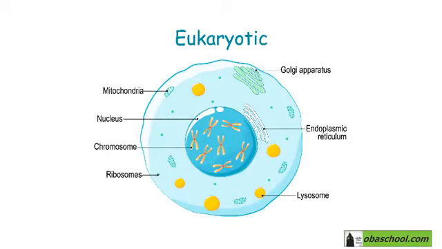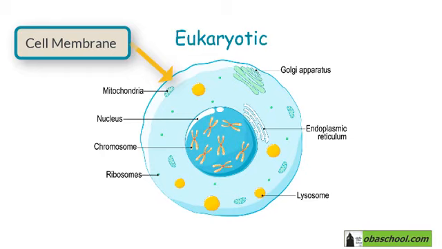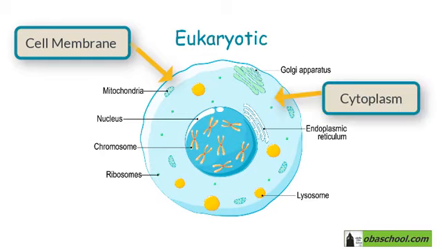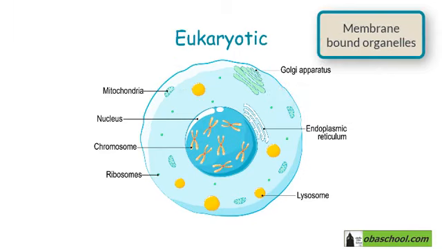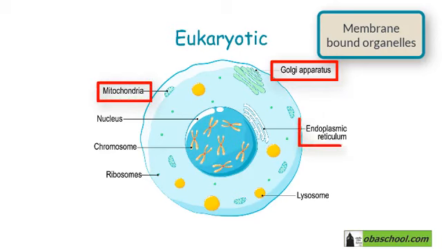Now, what does the eukaryotic cell look like? All eukaryotic cells, as you can see, have a cell membrane, a cytoplasm, and membrane-bound organelles such as the Golgi apparatus, the mitochondria, and the endoplasmic reticulum.